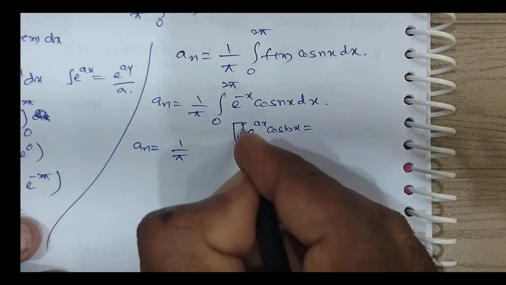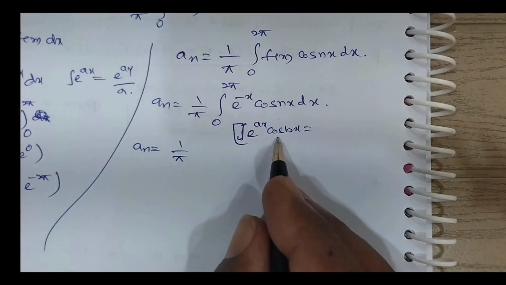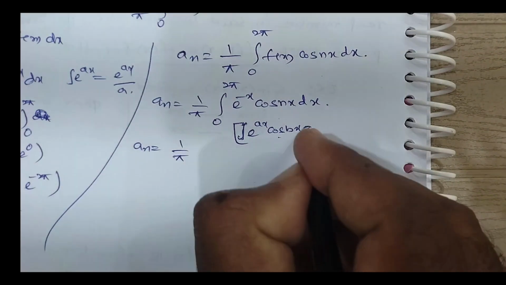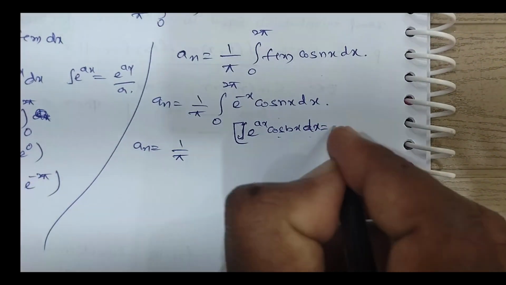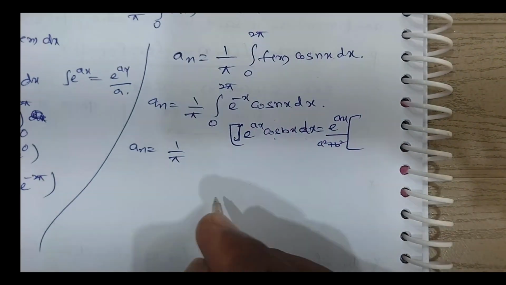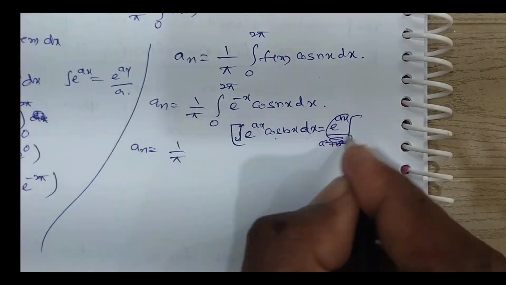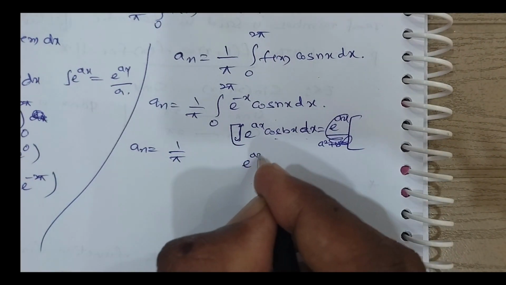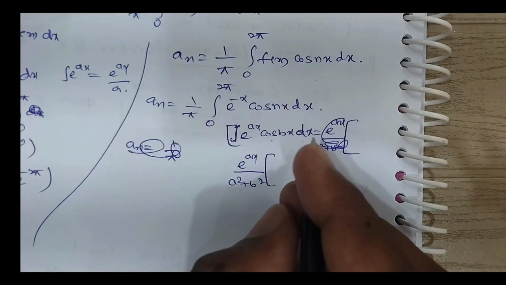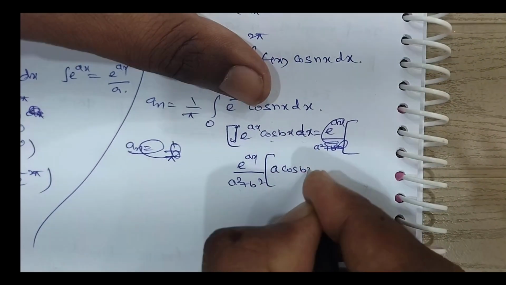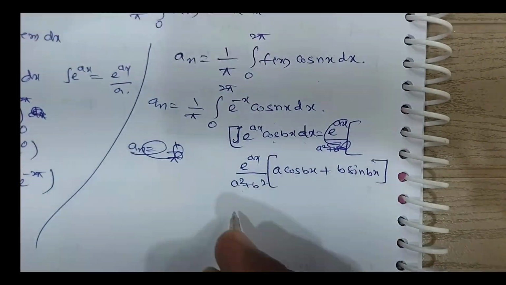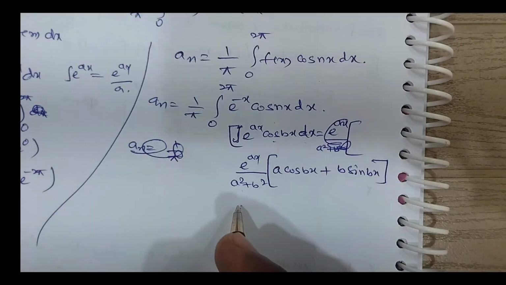Integration of e power ax cos bx dx is equal to e power ax by a square plus b square into a cos bx plus b sin bx. This is the formula.